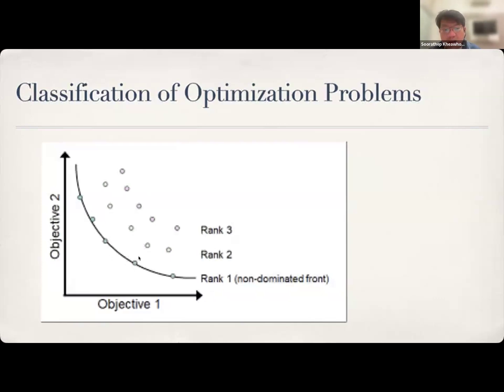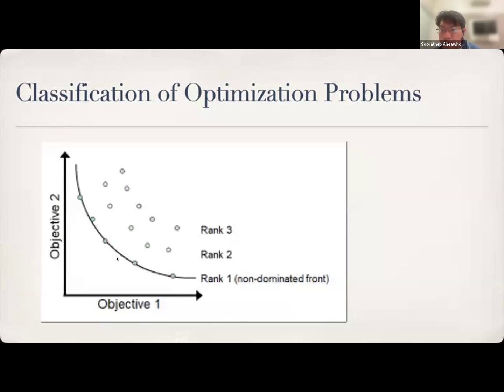In order to find the non-dominated solutions, we call it the Pareto front. We have several techniques or algorithms to find the Pareto front. I can give you some examples of the algorithms later. But the good thing about the method that finds the Pareto solutions is that we have multiple solutions, right?